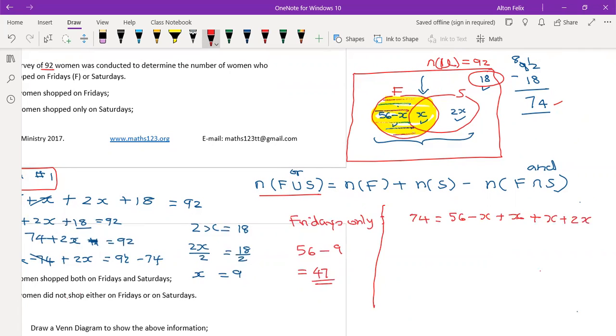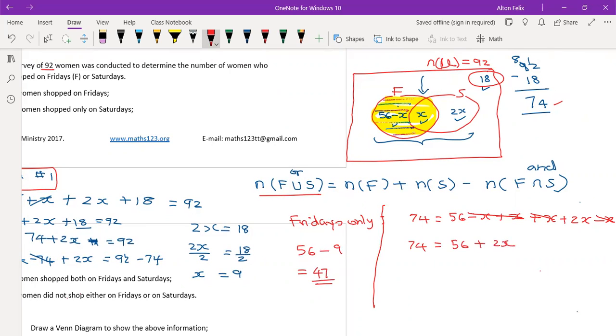And then we're going to subtract F and S, which will be minus x. Right, a lot of x's there. So we know this minus x will cancel with this plus x, and this plus x will cancel with this one, minus x. So what are we left with? 74 is equal to 56 plus 2x.